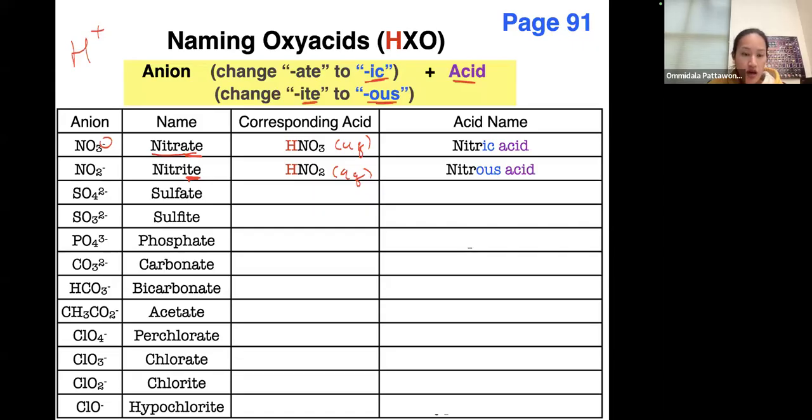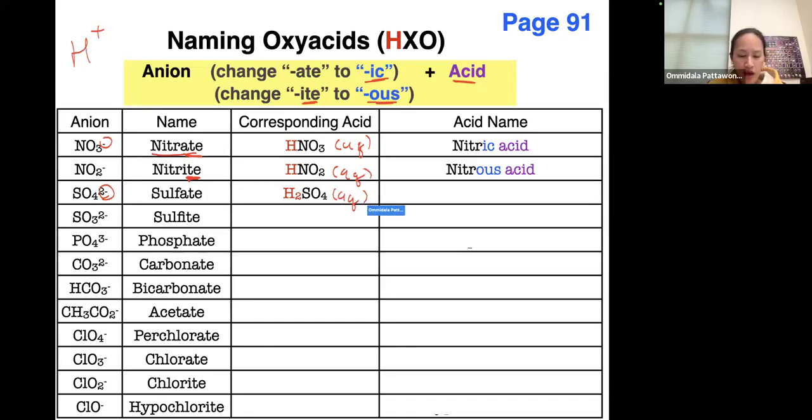Sulfate, because we have 2- here, you need 2 hydrogen per 1 sulfate. The name of this is going to be without hydro. I'm going to include aqueous first.